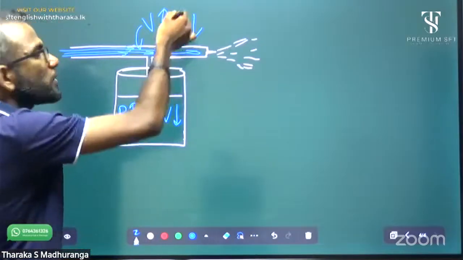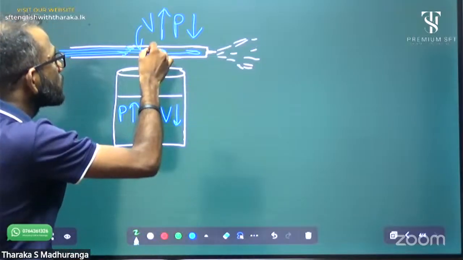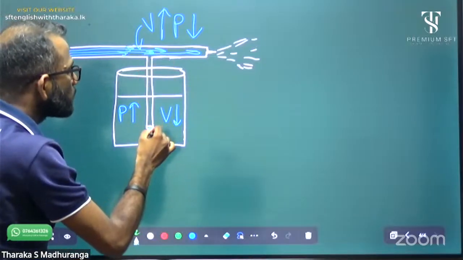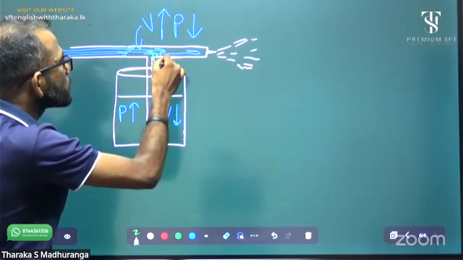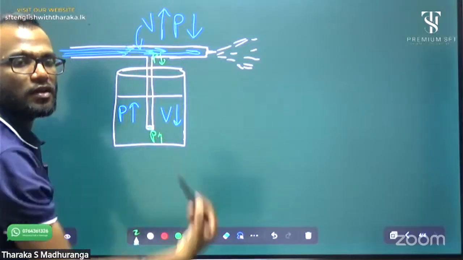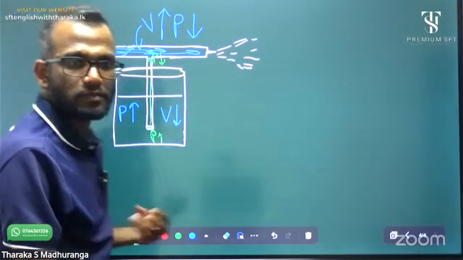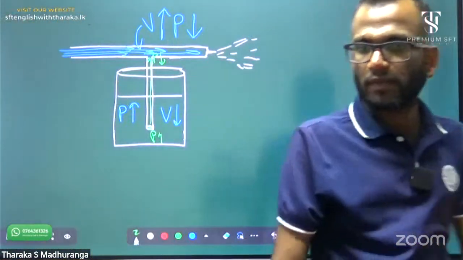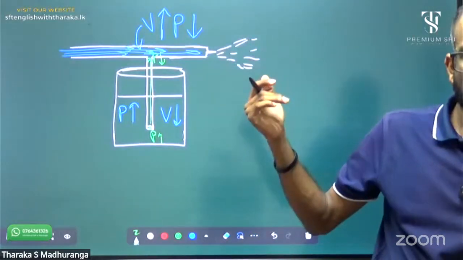Now due to the pressure difference between this point and this point, this is high pressure and this is very low pressure. Due to this pressure difference, what happened? The fluid is going upward, fluid is lifting.